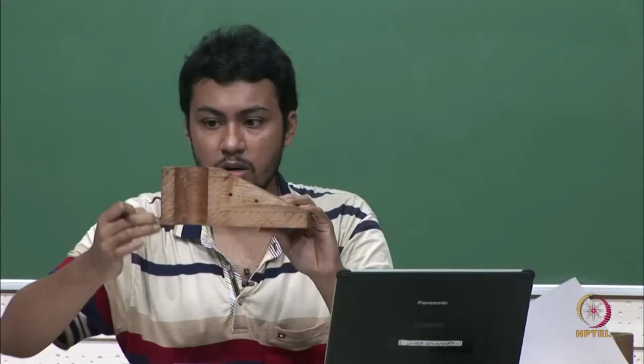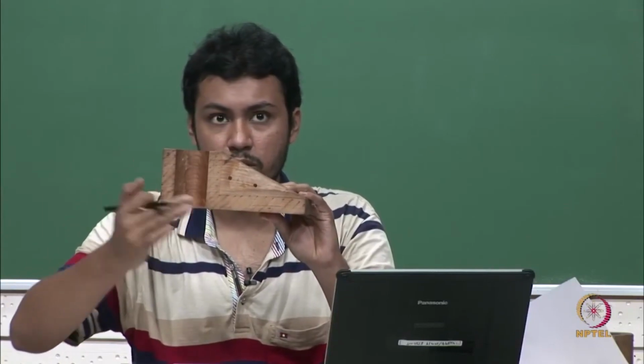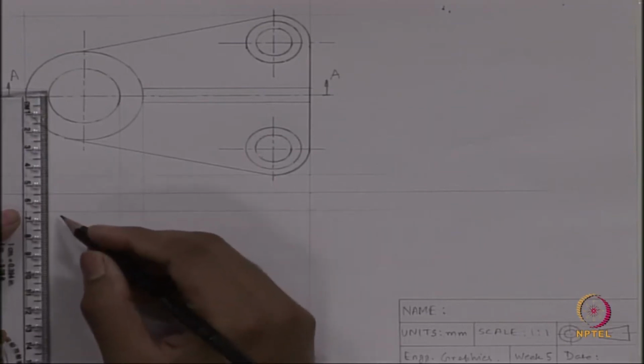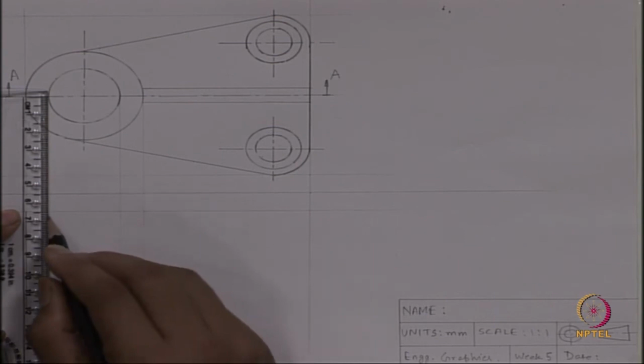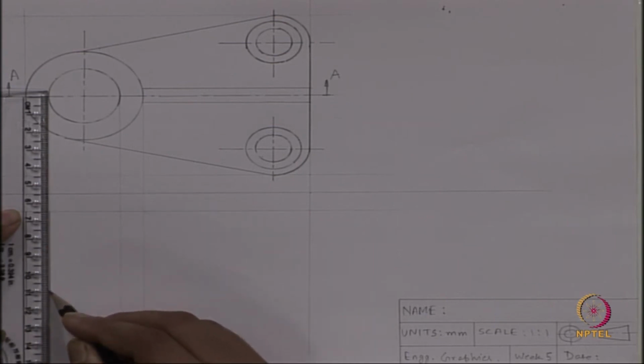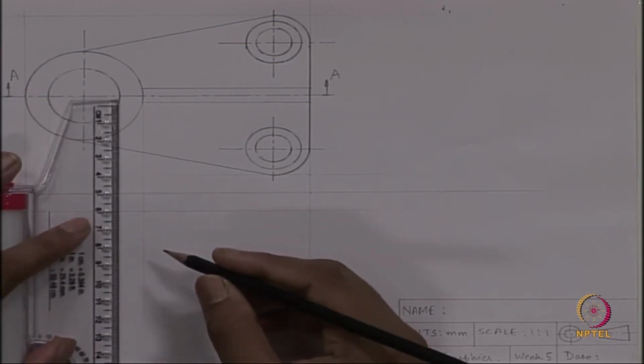This line we will draw, this line we will draw, this line also we will draw. This line will also have a length of 55. Similarly, this also.